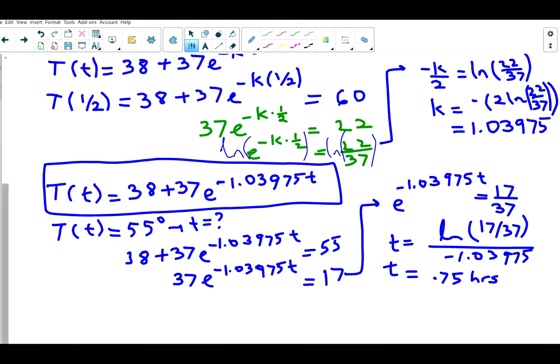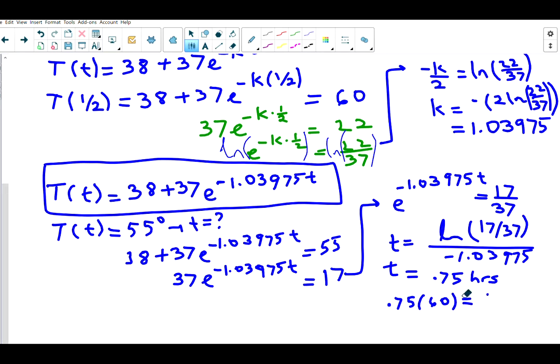But typically we leave the answer, unless they ask a specific thing, from the moment it was placed in the refrigerator, so that's 3/4 of an hour. So if you want to put in minutes, sometimes we convert into minutes, just multiply by 60. And we're going to get 45 minutes.